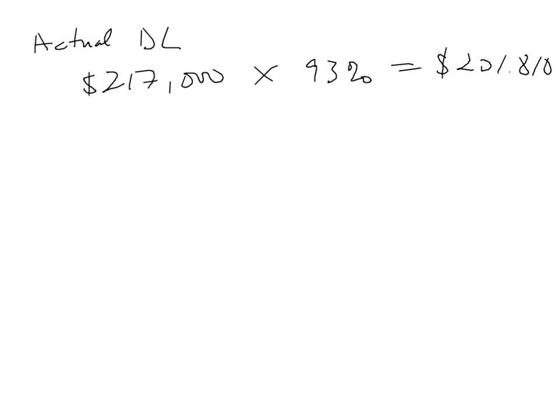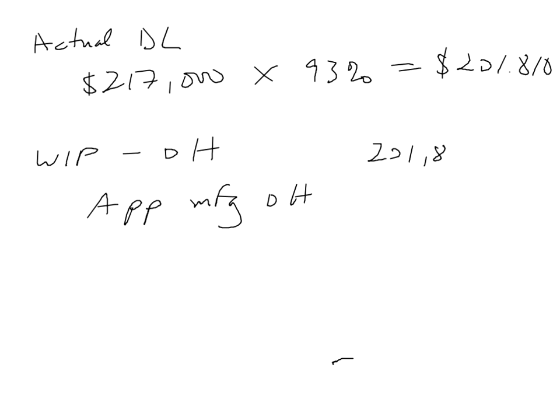So that's what our journal entry is going to be. For journal entry number 9, we're going to have work in process, overhead, and applied manufacturing overhead for 201,800 for the debit and the credit.